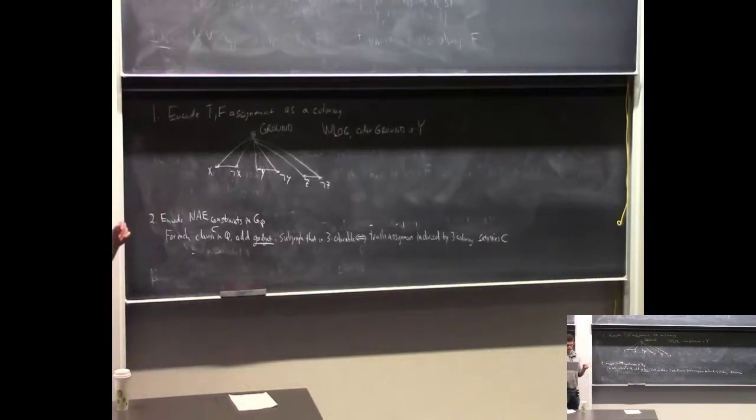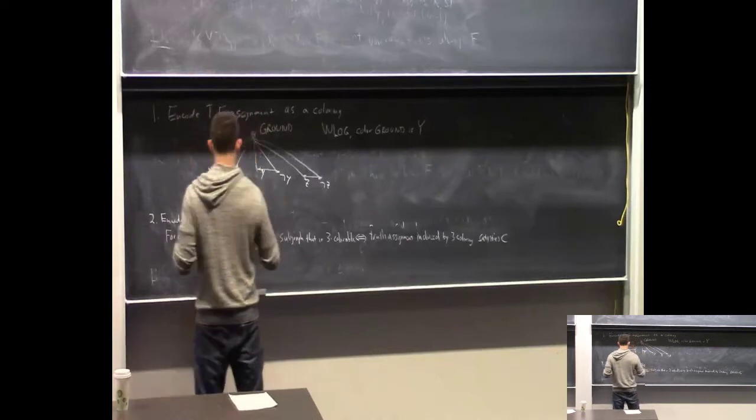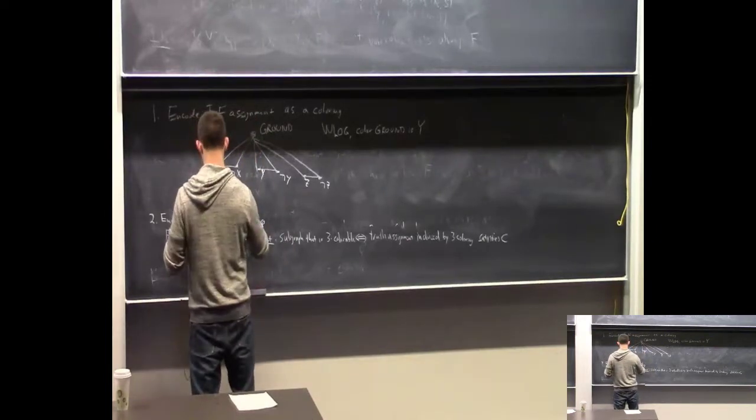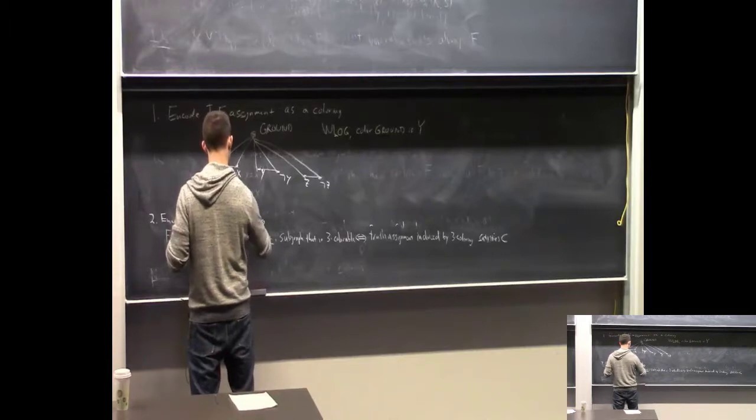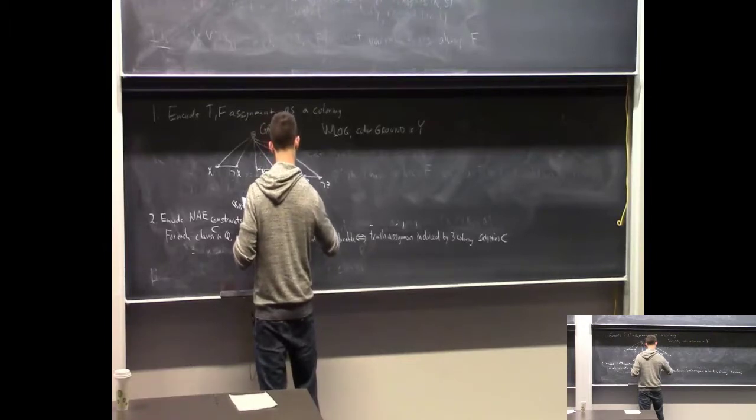OK. So what's this going to look like? Let's say that we have a clause x, y, z. And maybe we have another clause, not x, y, not z.